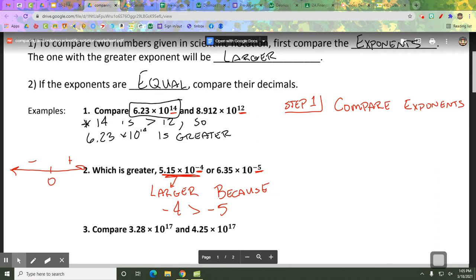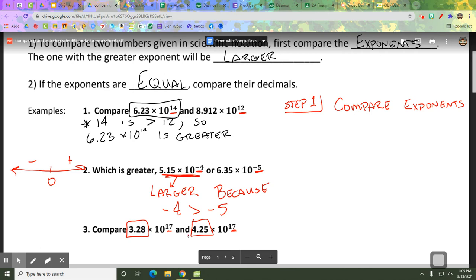So now number 3 is a good example. We look at 3, my exponents are both 17. Okay. So when my exponents are the same, now I need to compare these decimal numbers out front. So 3.28 or 4.25, which of those two numbers is greater? 4.25.